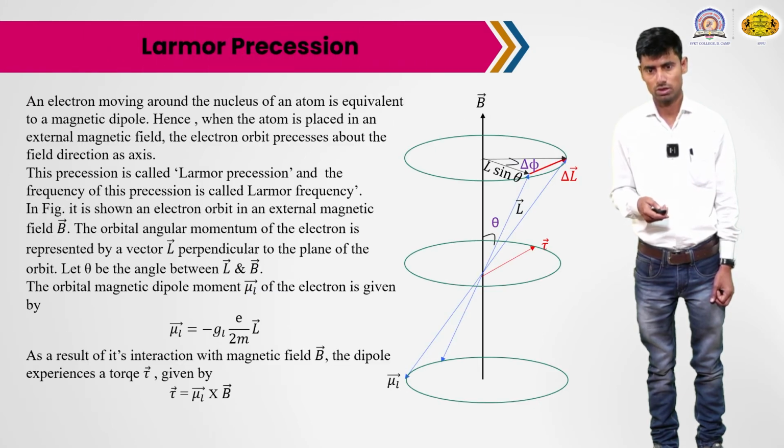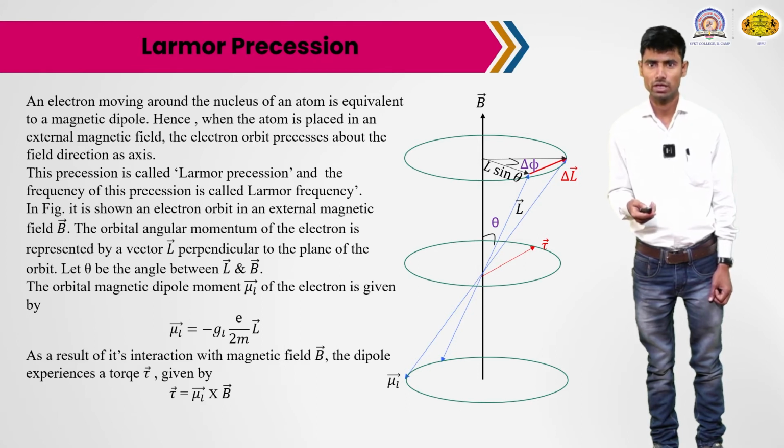Now let's study about the Larmor precession. The precession of the angular momentum vector and the spin angular momentum vector in presence of the external magnetic field, how that occurs. Now we know that an electron moving around the nucleus in the atom is equivalent to a magnetic dipole.